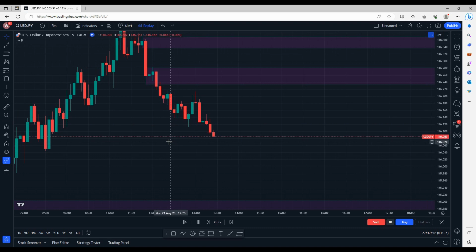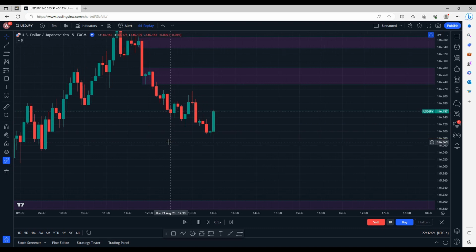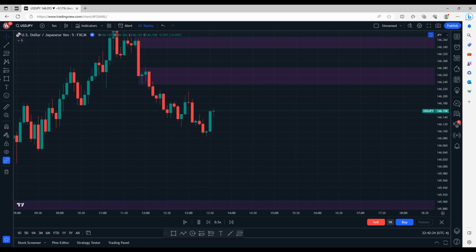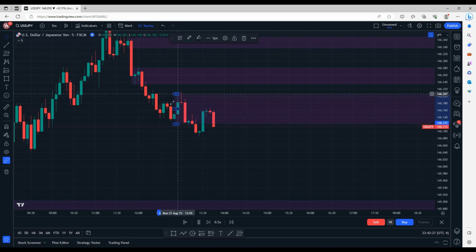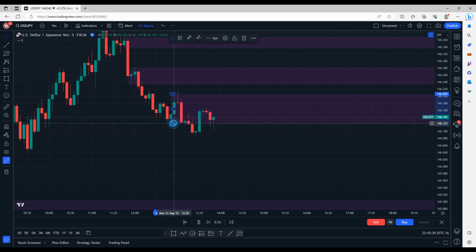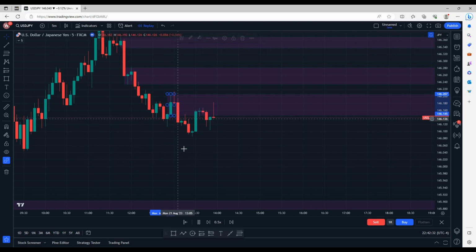Yeah, it looks like it lost momentum around this time, which is normal around this time. This is kind of a big zone. Actually, it's more like this.